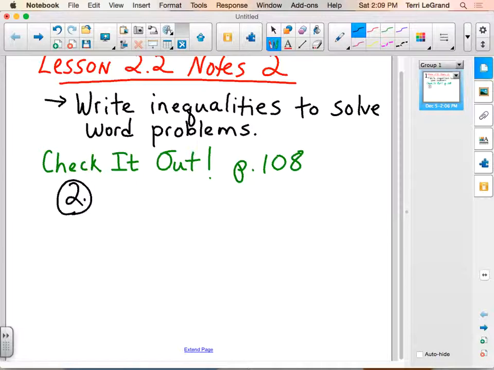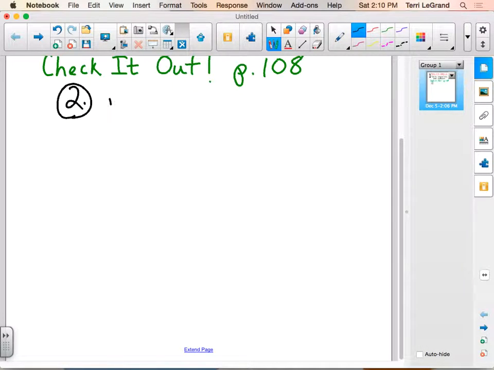So what is the first thing we do with word problems? We pick a variable to represent the unknown, and we describe what that variable is representing. So the unknown in this one is how many more milligrams of iron Sarah can consume. So let's pick M for milligrams.